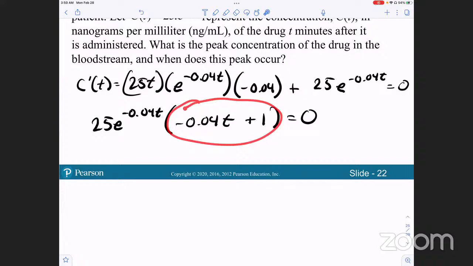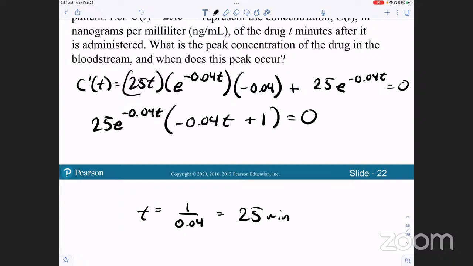If you set 1 minus 0.04 t to 0 and solve, t equals 1 divided by 0.04, which is 100 over 4, so 25. There's one critical value.